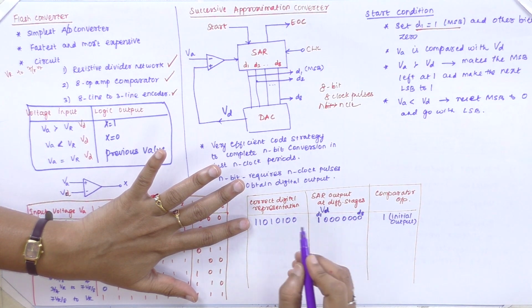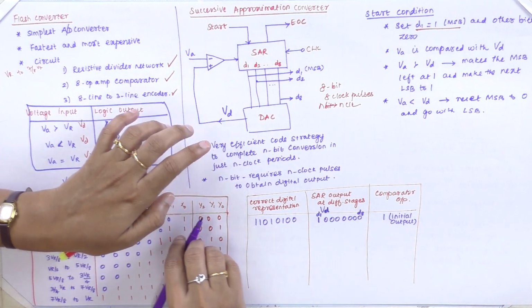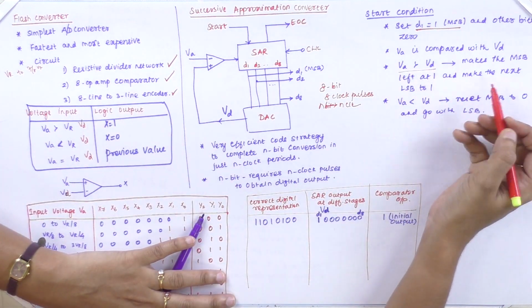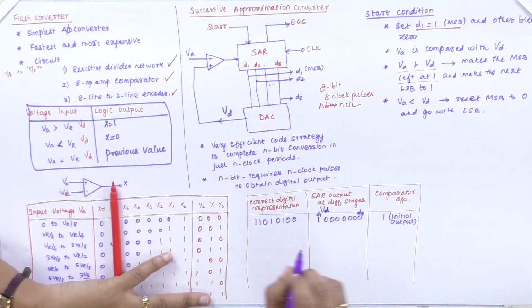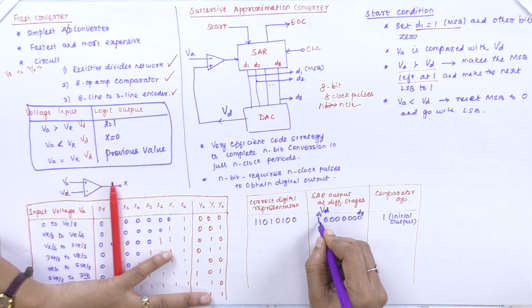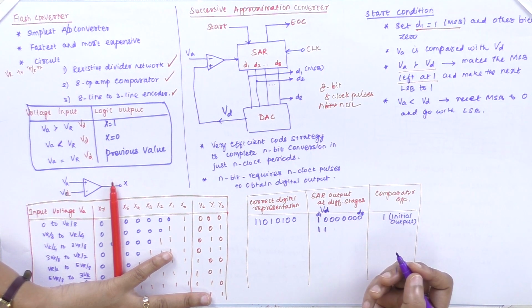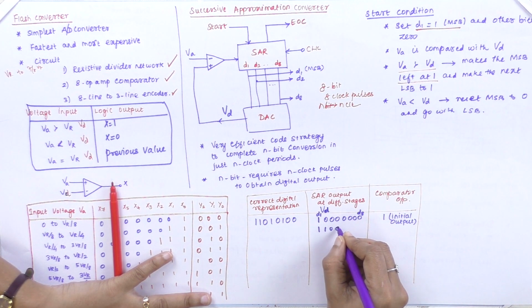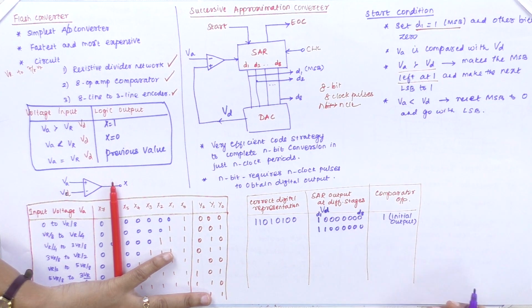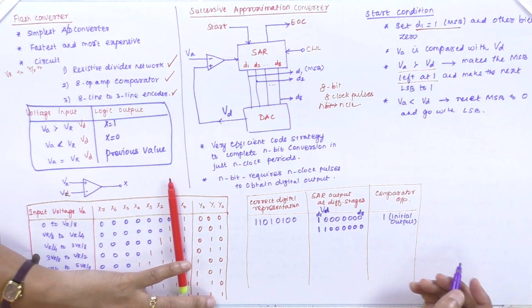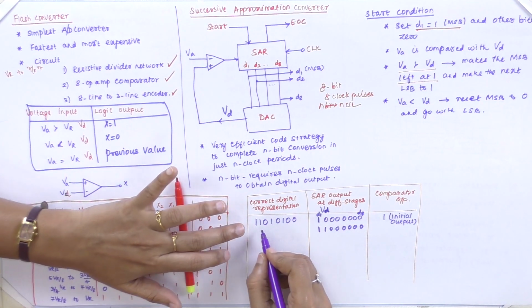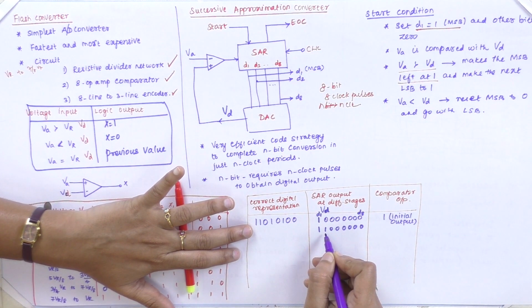So in that condition, whenever my VA is greater than VD, I can keep my MSB at 1, making the next bit 1 as well, so the output is 1. Then in the next condition we check 1 1 1 1.